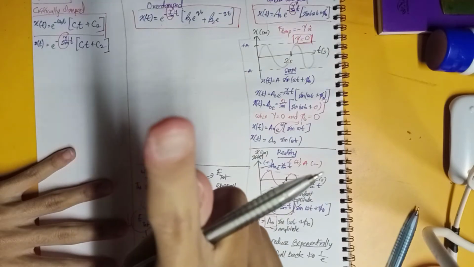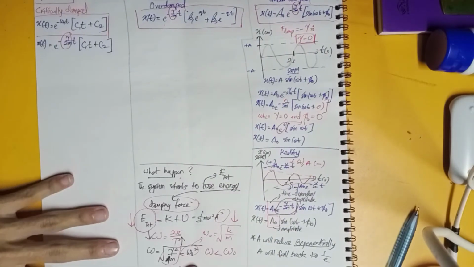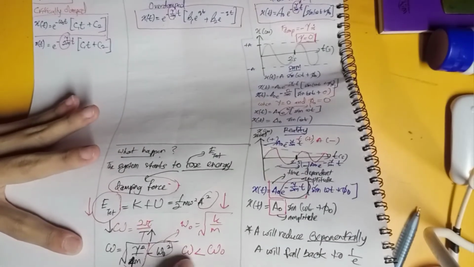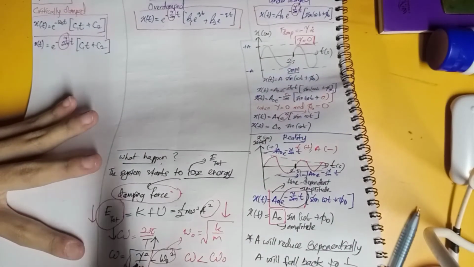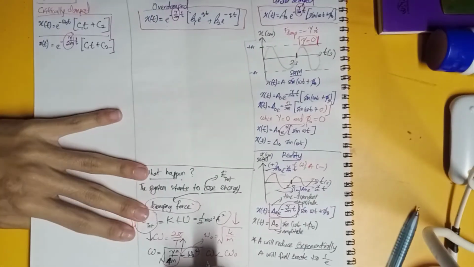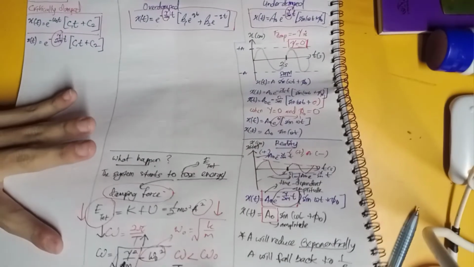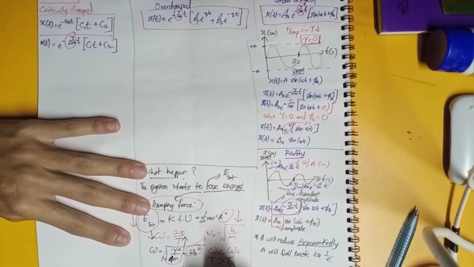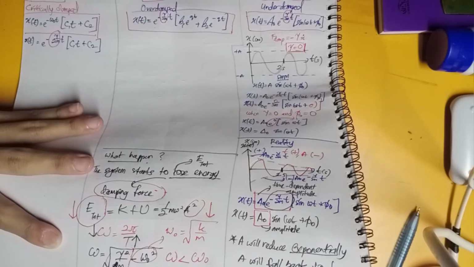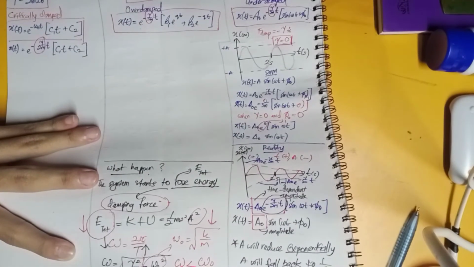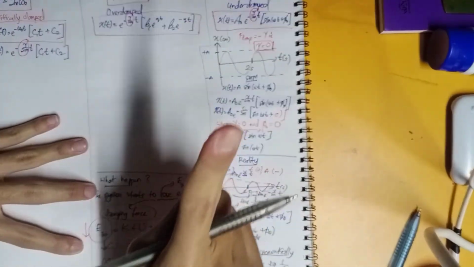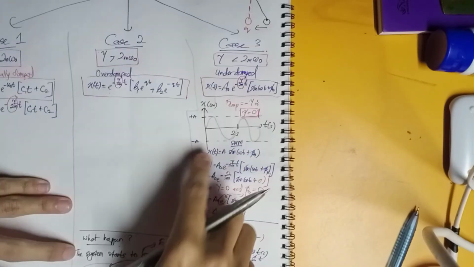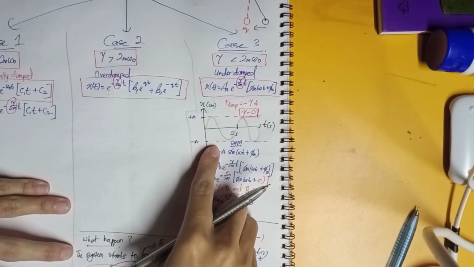Because the omega right here is less than omega naught, and at the same time the period of the damped oscillation is more than the period of the simple harmonic motion. That's why it takes more time to complete one or two oscillations than the simple harmonic motion. I think that's clear for you all.